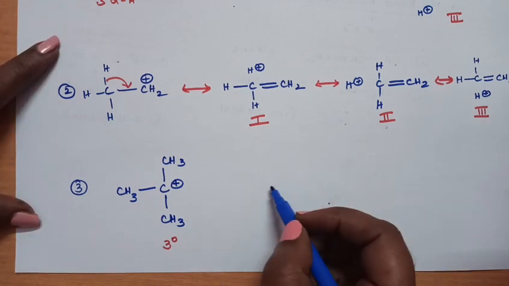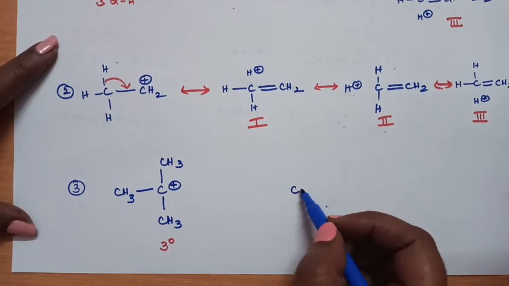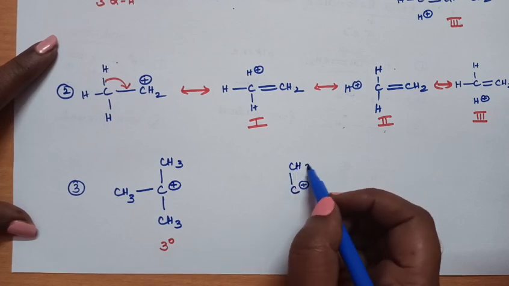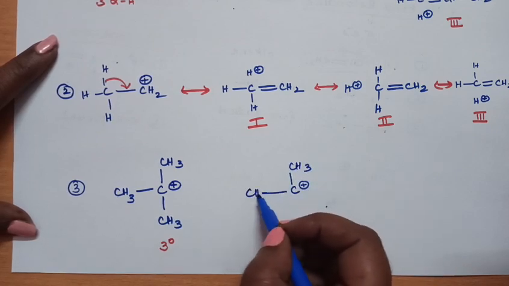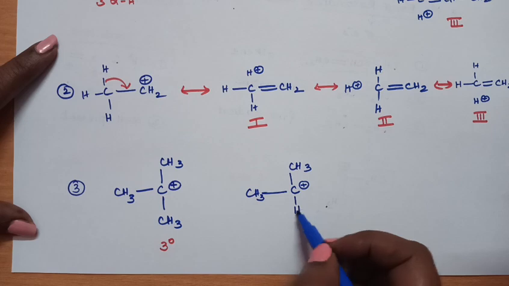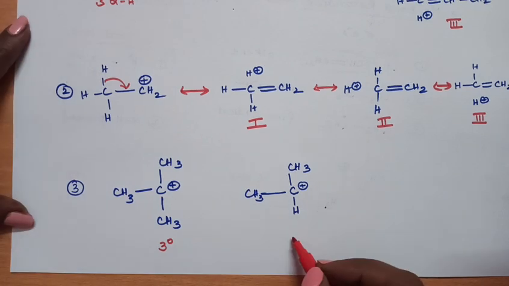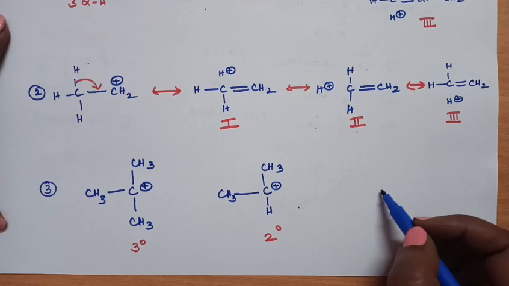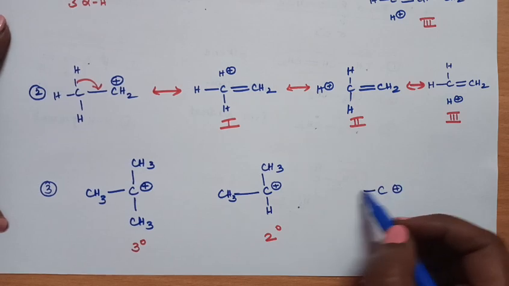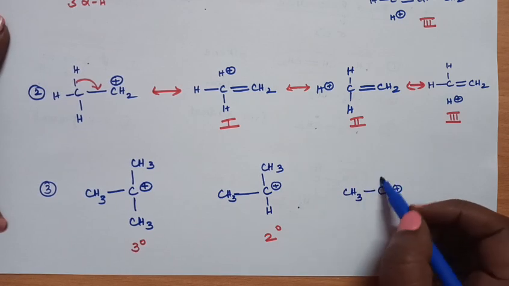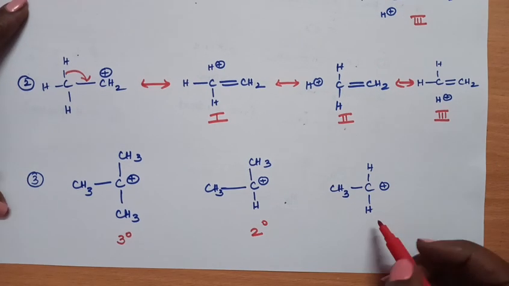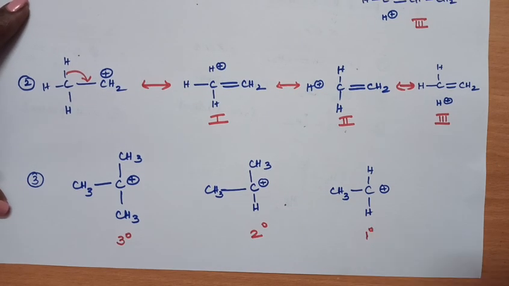We will take secondary carbocation. To the carbon, two methyl groups are attached and one is hydrogen. So this is secondary carbocation. Then we will take primary. To the carbocation, only one methyl group is attached and the other two are hydrogen atoms. So this is primary carbocation.